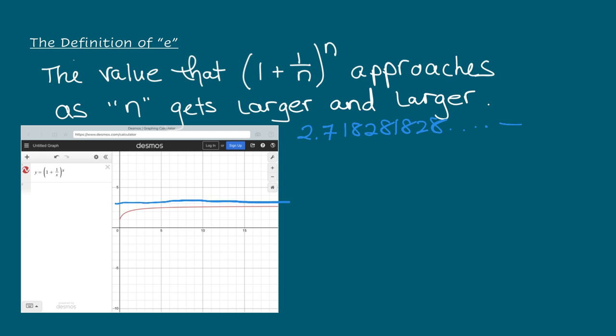So that is another one of its characteristics. It is an irrational number, and that means it can't be written as a fraction in a simpler form. And it is also the base of what we call the natural logarithms.